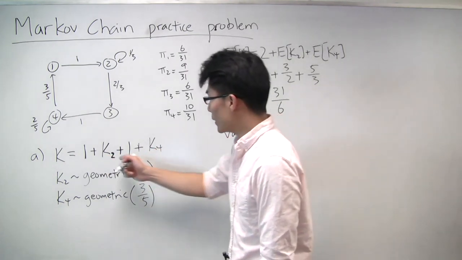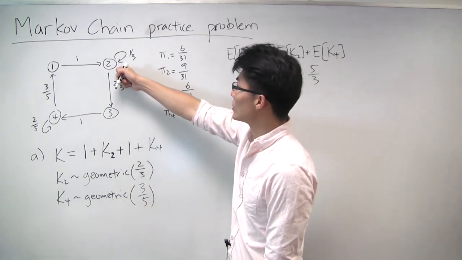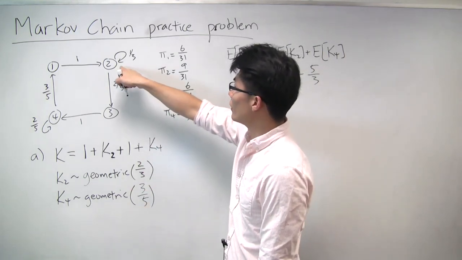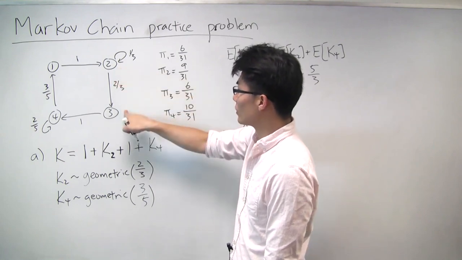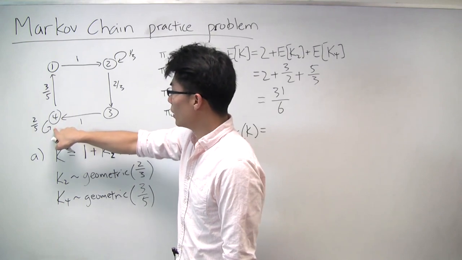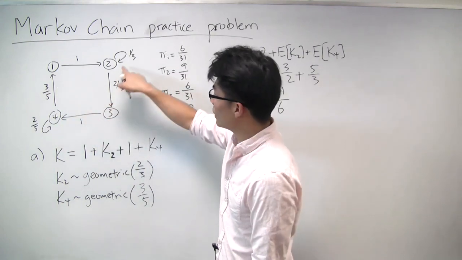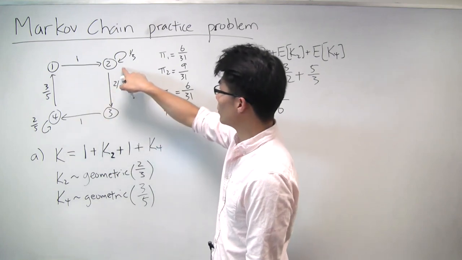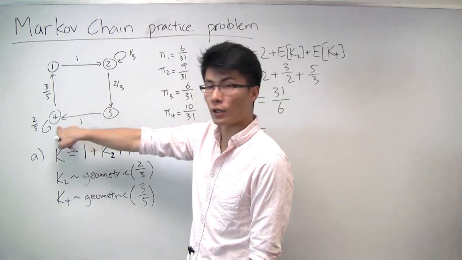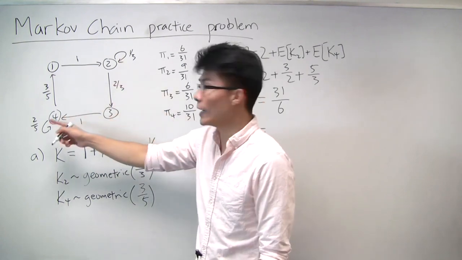Now, if we think about it, k2 and k4 are independent because the number of transitions it takes you to go from state 2 to state 3 does not have any impact on the number of transitions it takes to get from state 4 to state 1, right? Because this is a different part of the chain. You've left here, you've gone here, and now you're here. Because of the Markov property, the past history doesn't really matter.